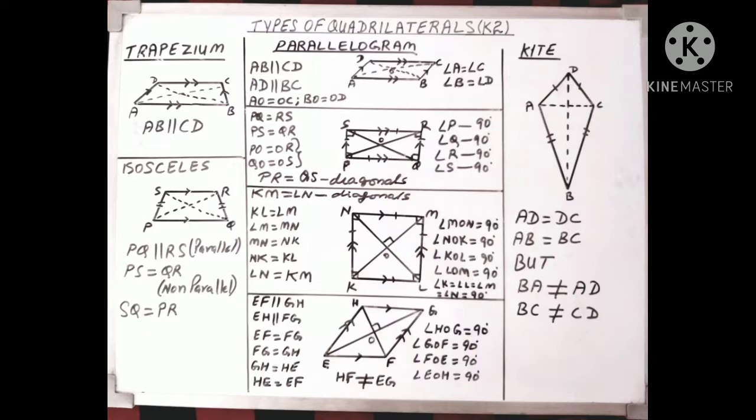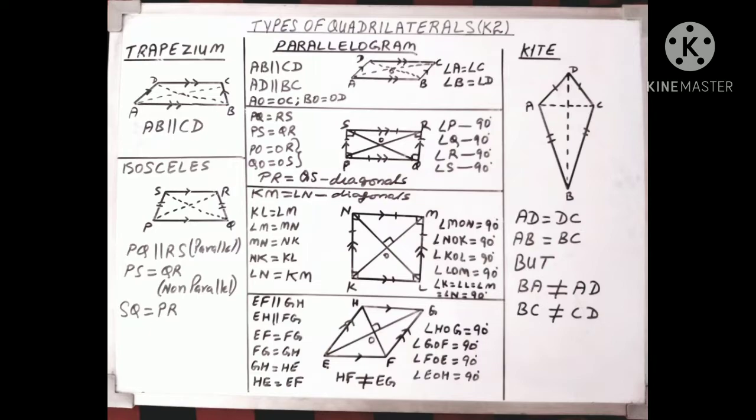And all the corner angles, angle K, angle L, angle M, angle N, they are also 90 degrees, right? Now let us see the figure below the square.